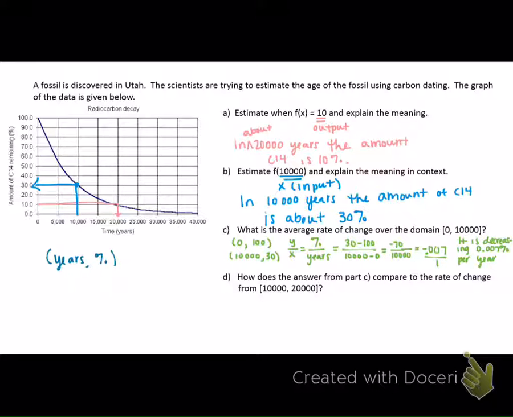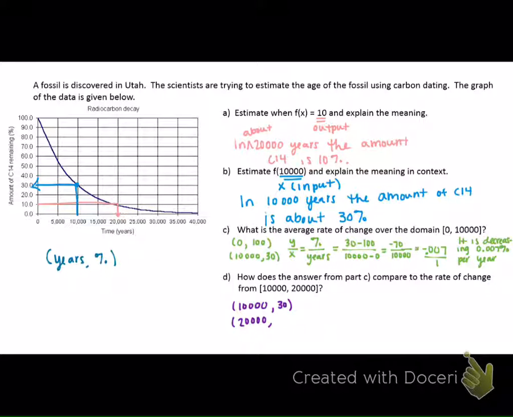Okay, so we need to find the rate of change from 10,000 to 20,000. And then we're going to compare them. It's okay, guys. We will get this. Hopefully by the end of the semester, you guys will be really good at using these units. So we already know 10,000 is about 30. What do we think 20,000 is about?